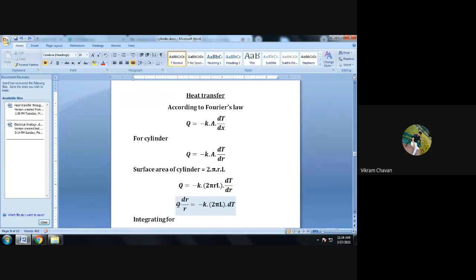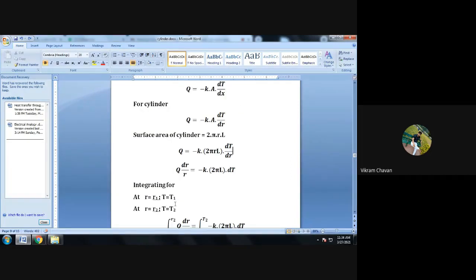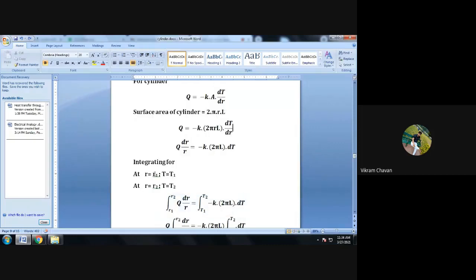R1 and R2 are the limits for the radius, whereas the temperature limits are T1 and T2. So we integrate this equation with the boundary conditions: at r is equal to r1, T becomes T1, and at r is equal to r2, T becomes T2.